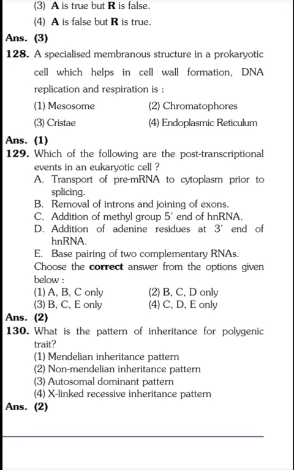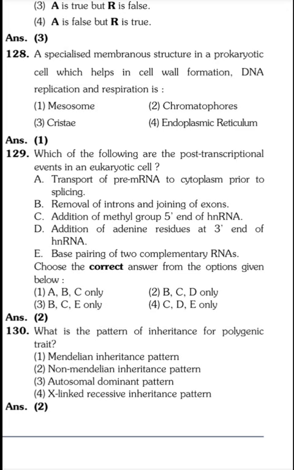So the correct one is removal of introns, that is non-coding sequences are removed, and joining of exons, it is correct. Addition of methyl group at the 5' end of heterogeneous nuclear RNA, so the head region of it. Addition of polyadenine at the 3' end of hnRNA, the polyadenine tail.